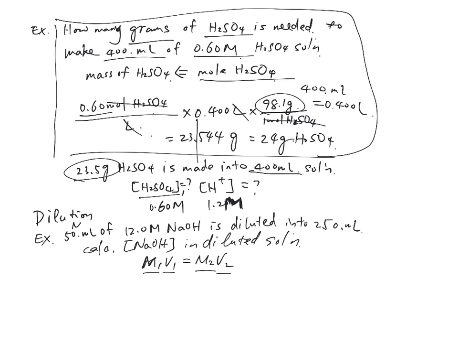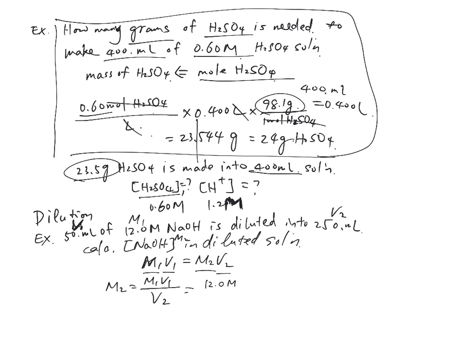This would be my V1. This is my M1. This is my V2. And this is my M2 that I'm trying to find out. Okay? So M2 should equal M1 V1 over V2.